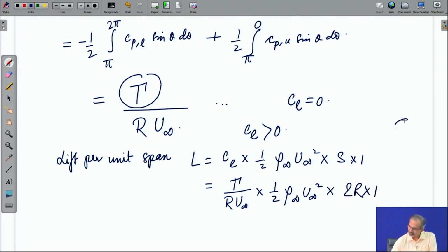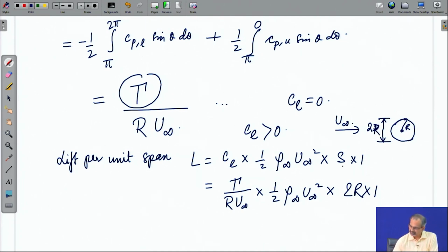So, if this is the cylinder, this is the radius of the cylinder, then when the uniform flow impinges on the cylinder, it sees the dimension 2r.